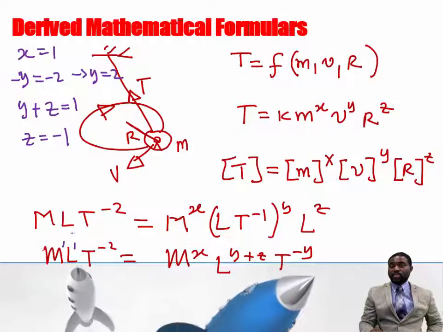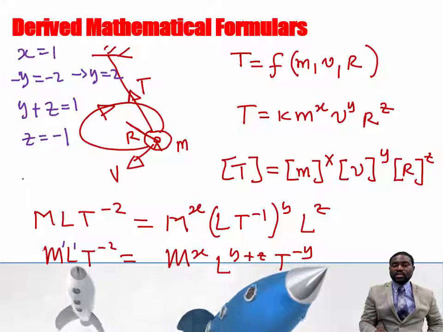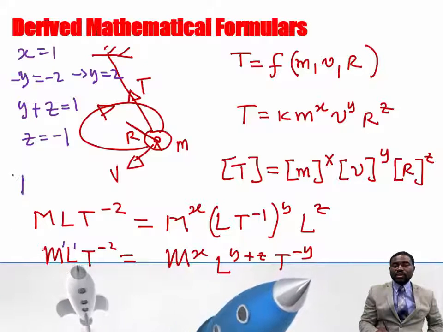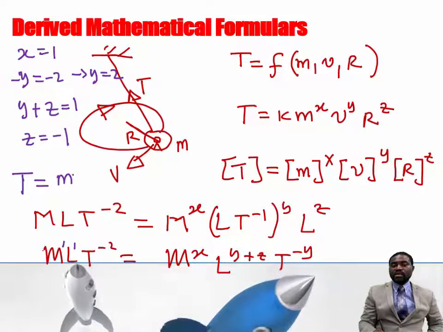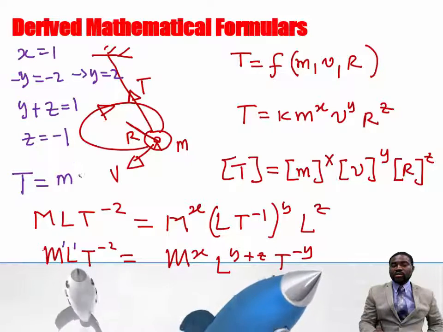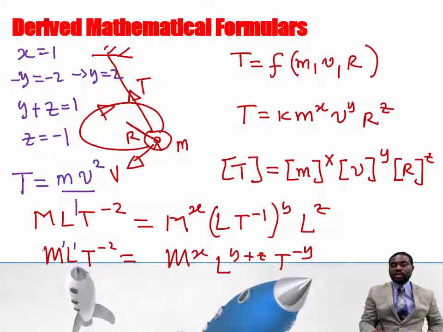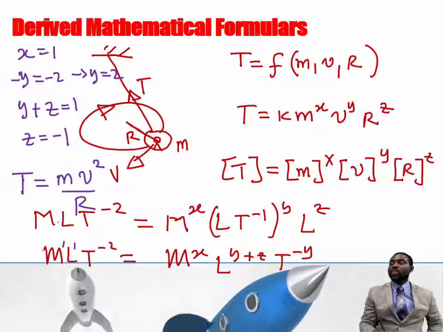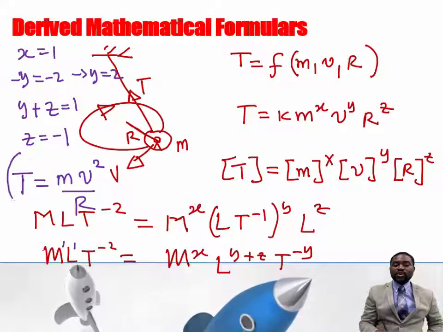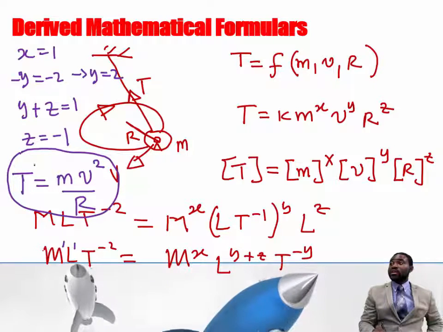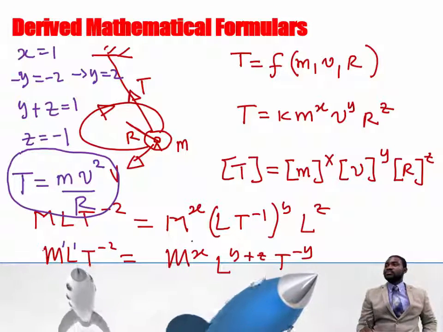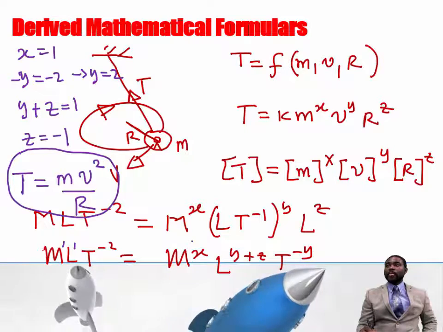Are we together? Hence, the tension on the string can be written as M raised to the power 1, v raised to the power 2 divided by what? R. So you realize that you have derived the formula for the tension on the what? In the string.